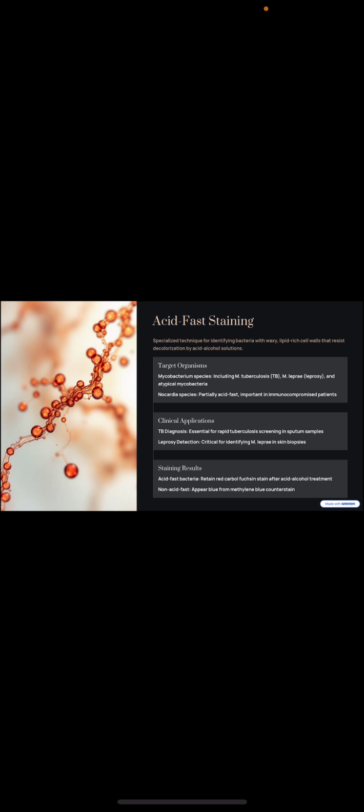In simpler words, acid fast staining is a differential staining technique used to identify bacteria that have a waxy lipid-rich cell wall, which makes them resistant to decolorization by acid alcohol.